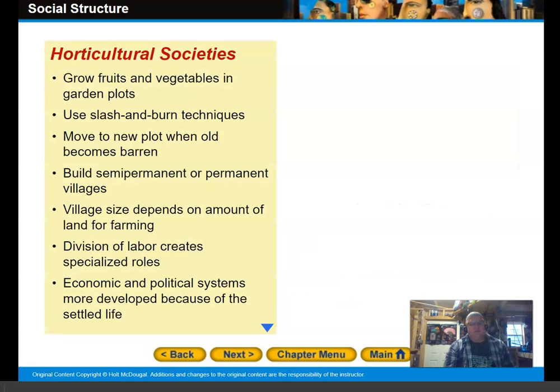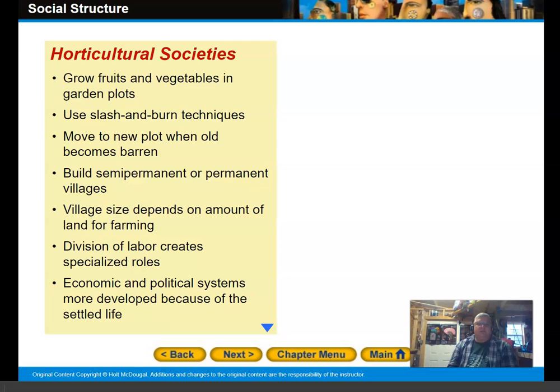In a horticultural society, societies become more stable. They grow fruits and vegetables in garden plots. They use slash and burn techniques, which is a type of farming that's very hard on the forest.